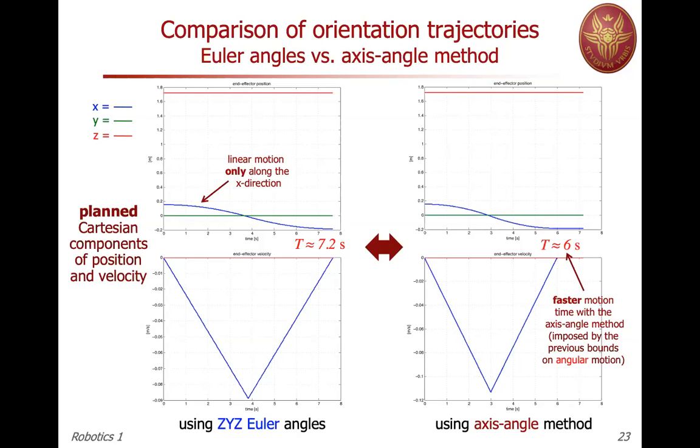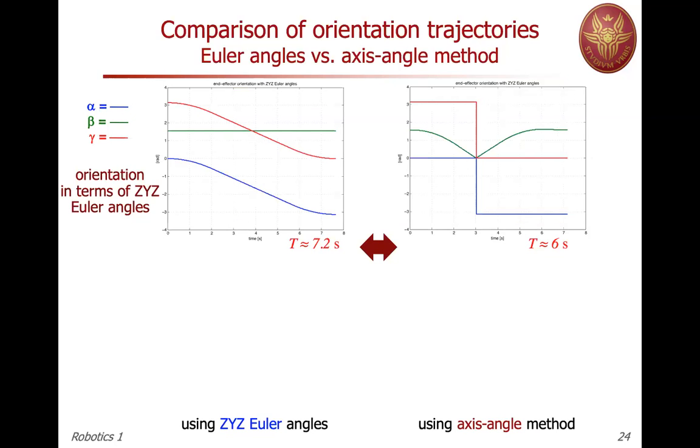But what is to be understood here is that probably the required motion for the three Euler angles is larger than what is needed by the single angle rotating around the invariant axis for the axis angle method, and this imposes this limitation.